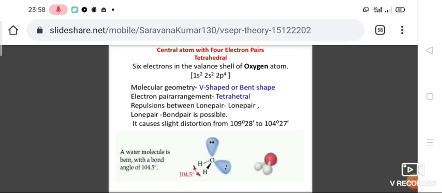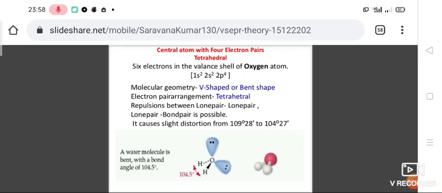2 of the 4 apices will be occupied by 2 hydrogen atoms and the other 2 by lone pairs. So the molecule will have bent shape with 2 lone pairs on oxygen. So the tetrahedral angle will be badly distorted from 109 degrees to 104 degrees by the 2 lone pairs.